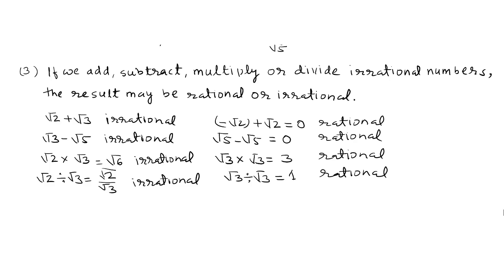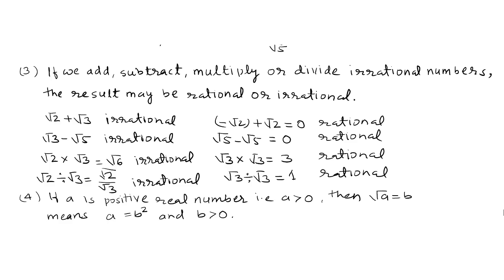Thus, if we add, subtract, multiply or divide irrational numbers, the result may or may not be irrational. It may be either irrational or rational. Property 4.